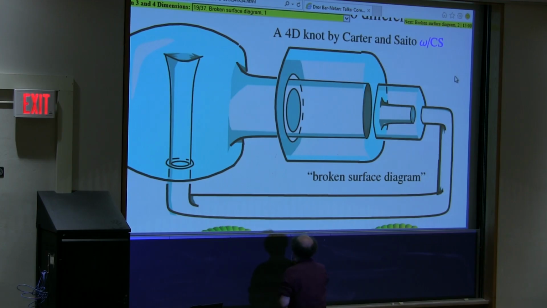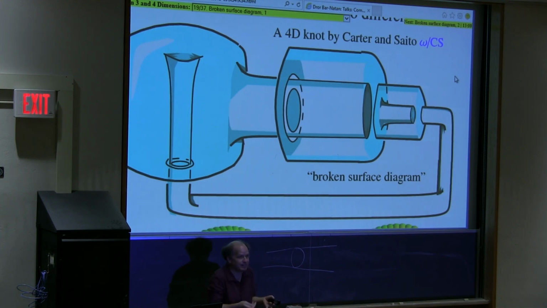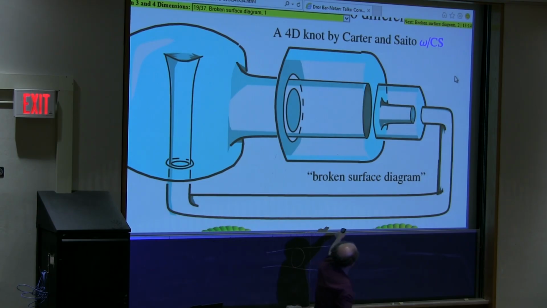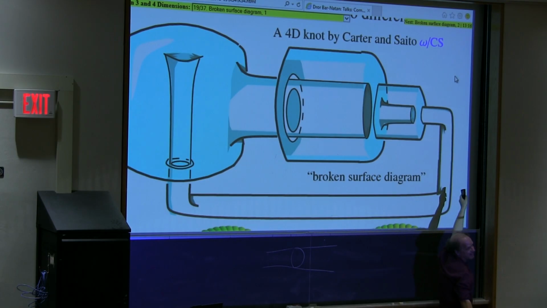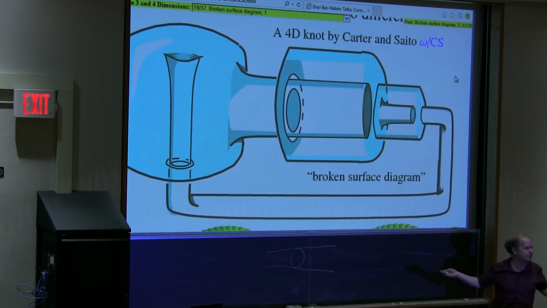So at the bottom, I see a tube. Can you see the tube down at the bottom? And this tube extends both to the left and to the right. Let's see what happens to this tube. The tube goes to the left, bends up. The bends for a topologist don't mean anything, it's still a tube.